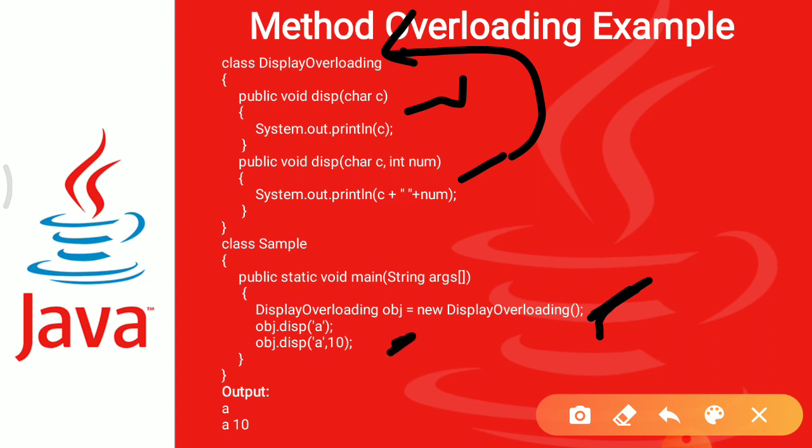To call these two functions, we need the dot operator. So obj.display('a'), we pass a character here, so the compiler has no confusion about where it should go.